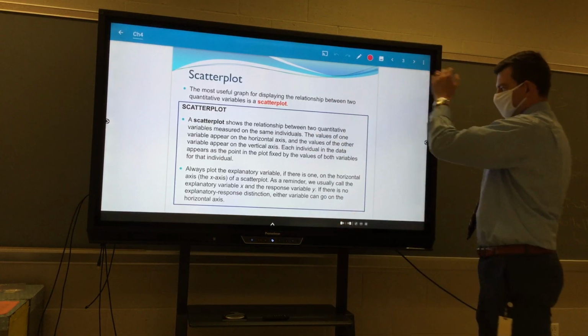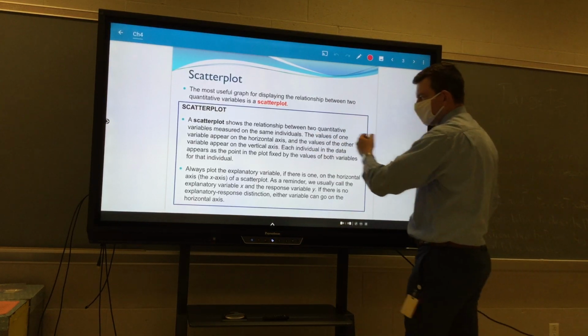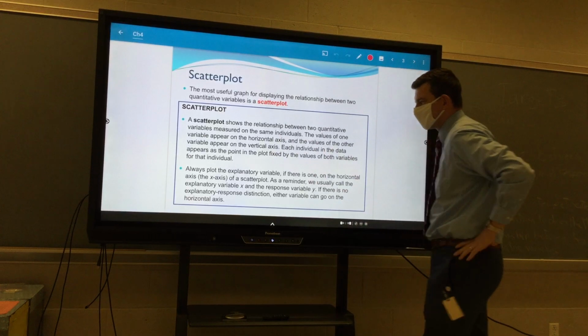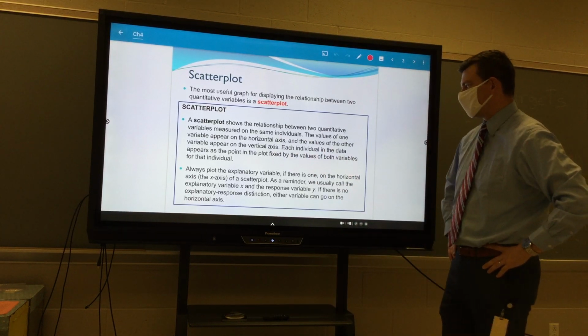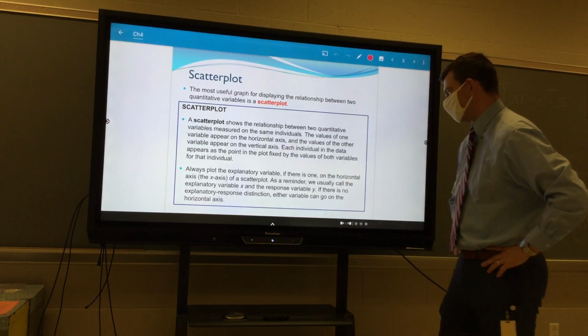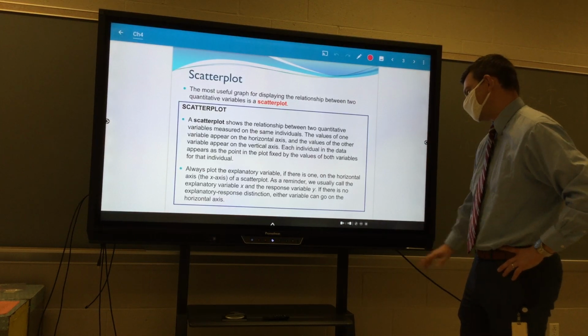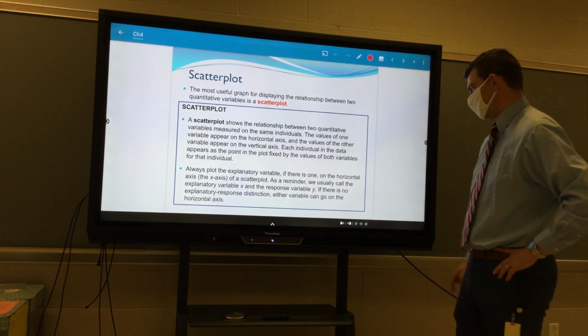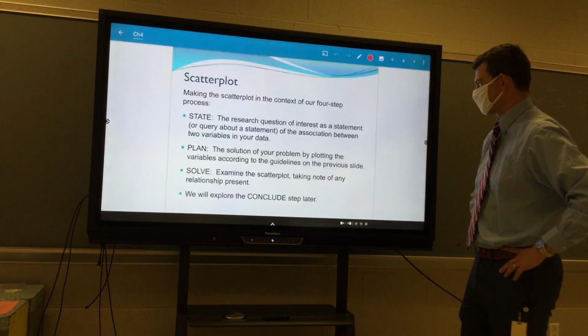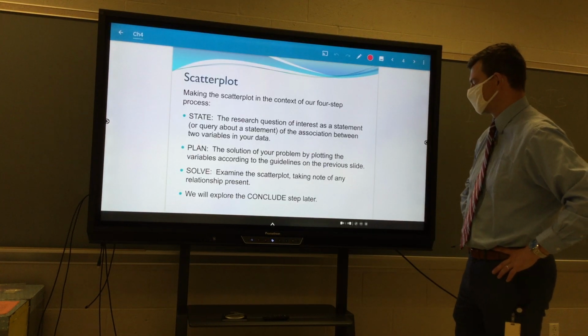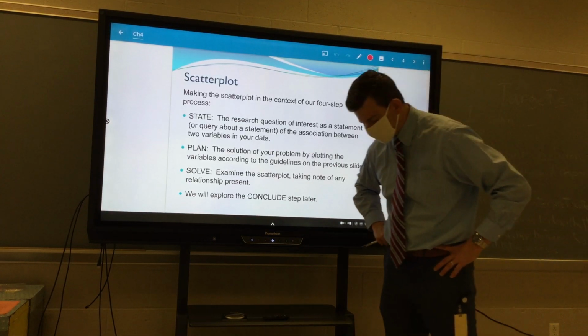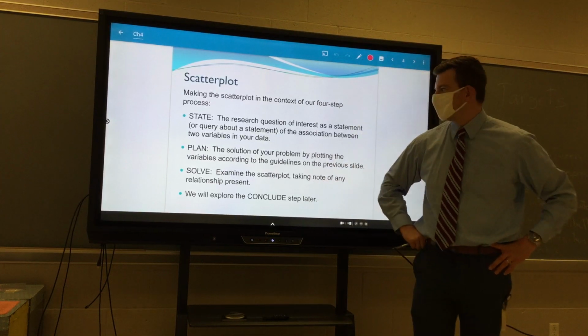So you can read this. We know that the explanatory x is always going to go on the horizontal axis. The response value y is always going to go on the vertical axis. All right? So nothing really new with those descriptions. We talked about this 4-step process that the book likes to embrace.